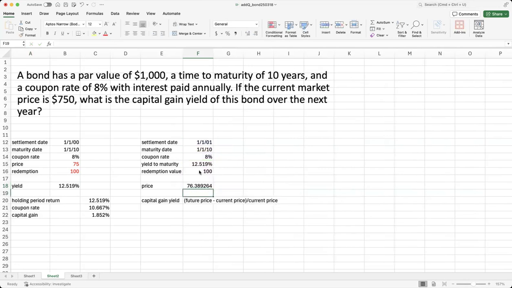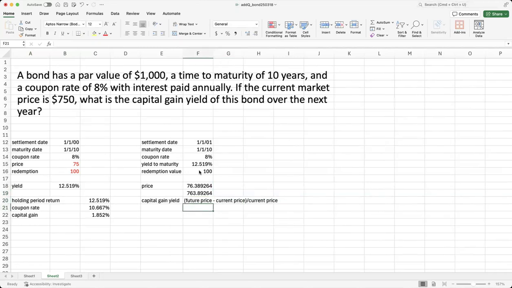You close the parentheses and you get 76.389. Now, you should remember that it means the price is 76.389% of 100. And this bond has a par value of 1,000, so the actual price would be 76.389 times 10. It's 763.89.